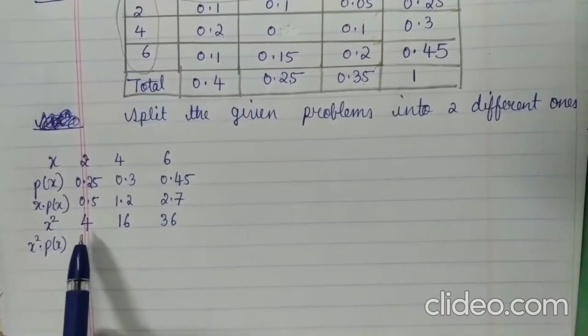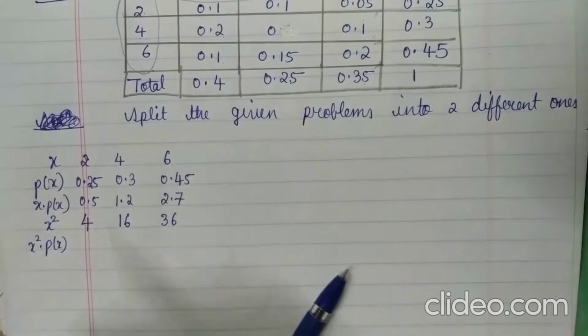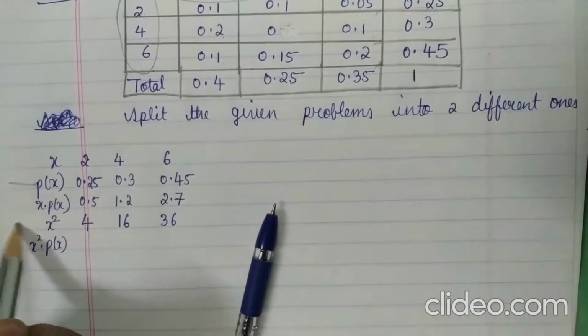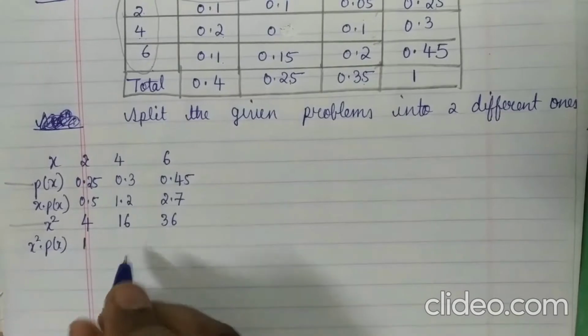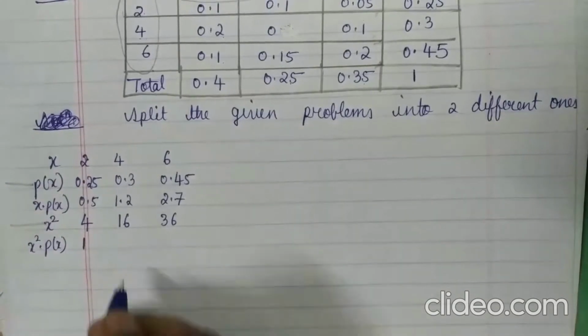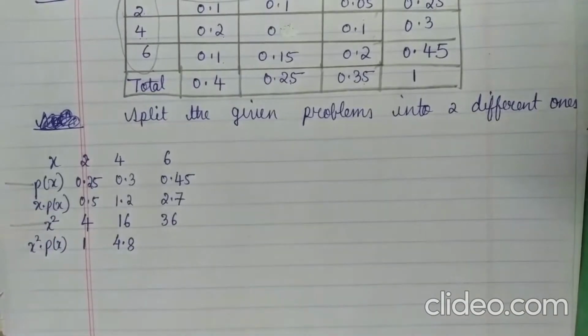Just so you do not get confused, make a mark to show which two things you have to multiply. You have to multiply x square and p of x. So 4 multiplied by 0.25, use your calculator, you will get 1. 16 multiplied by 0.3, you will get 4.8, and 36 multiplied by 0.45, you will get 16.2.